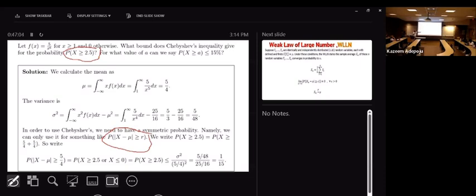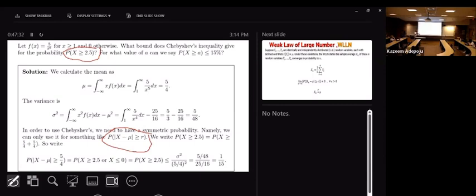Now, if I want to rewrite X greater than 2.5, that is going to be equal to X minus 5 over 4 greater or equal to 5 over 4. How do I get 5 over 4? Because we're talking about x minus mu, absolute value, and what is your mu? You see 5 over 4 that you've computed.